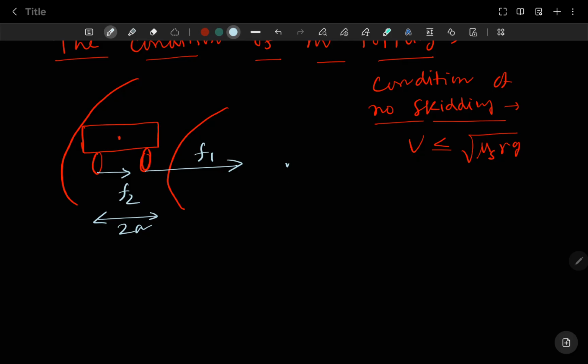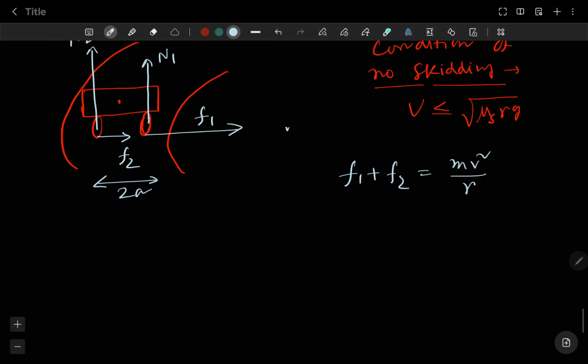So F1 plus F2 is certainly the centripetal force, that is mv square by r. Fine. Now this is the normal reaction force N1 and this is N2, on the two wheels. And this is mg clearly.